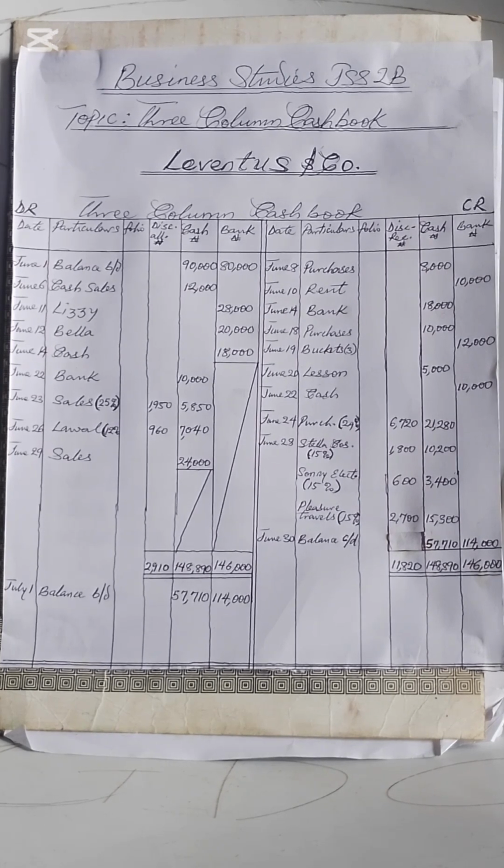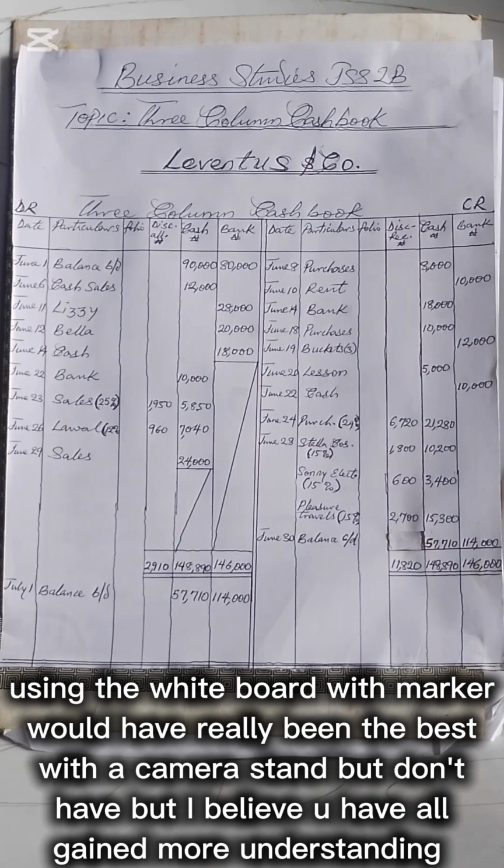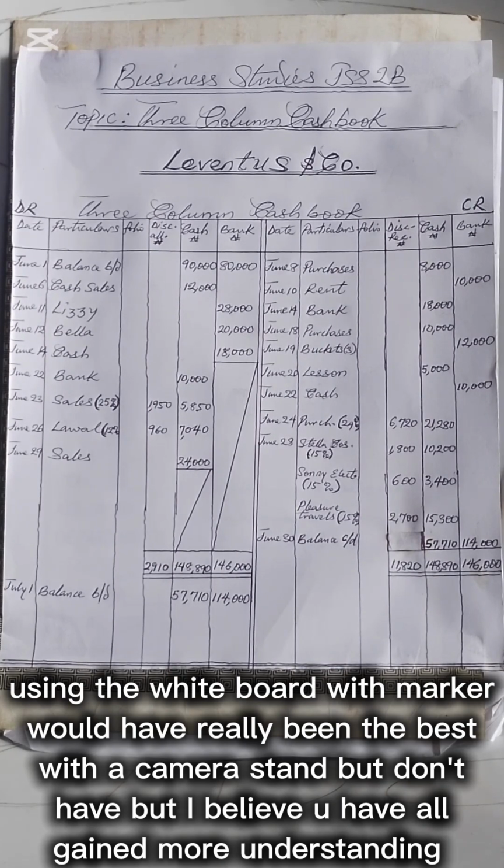The same totals you have at the debit side should also be the totals for the credit side. And then you have July 1 there, balance brought down, which is the first date of a new month, which means the same balances you carried down are the same figures you are bringing down to start up the business for the new month.